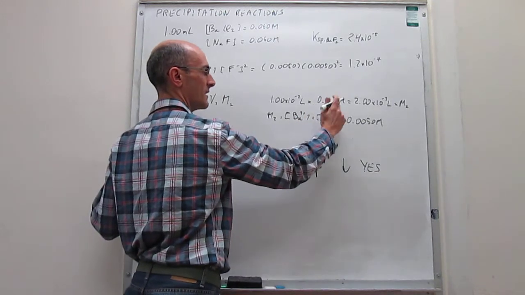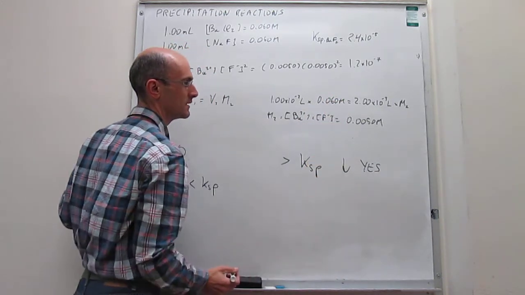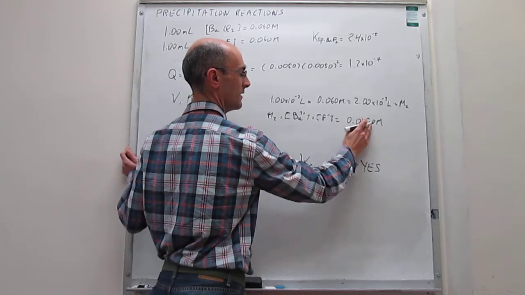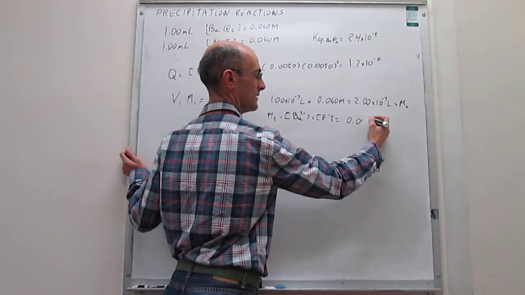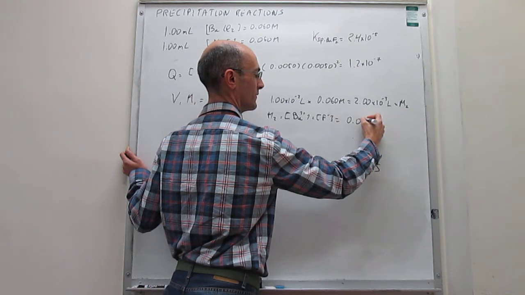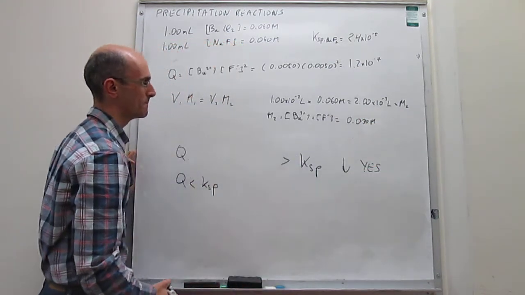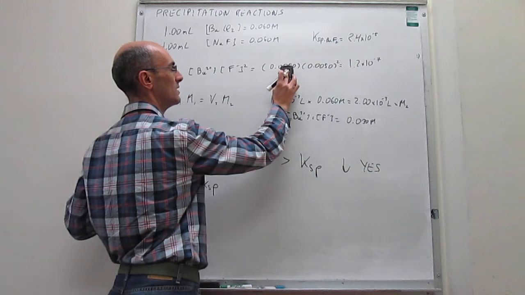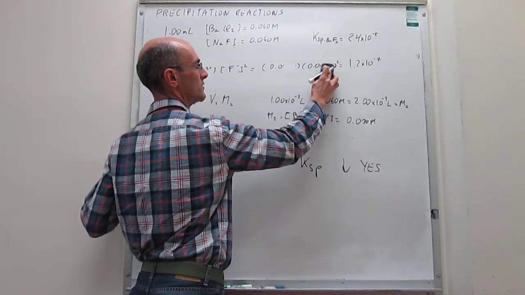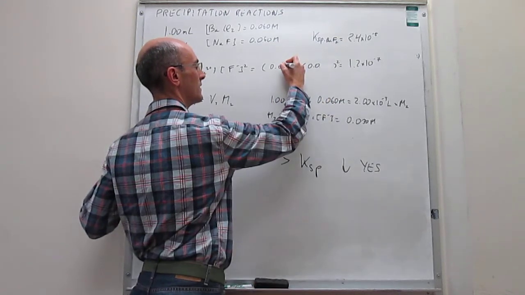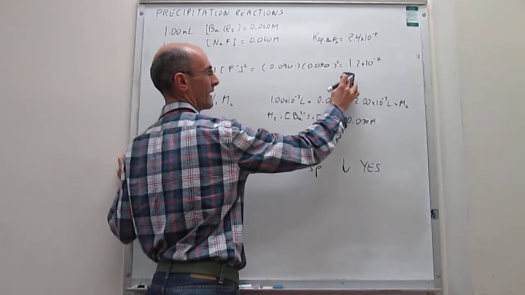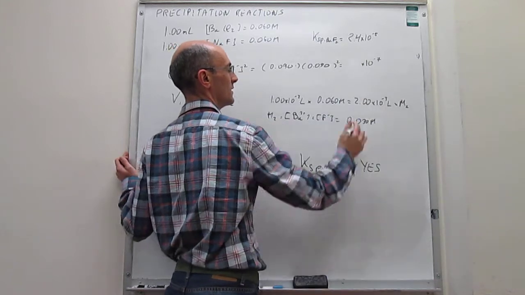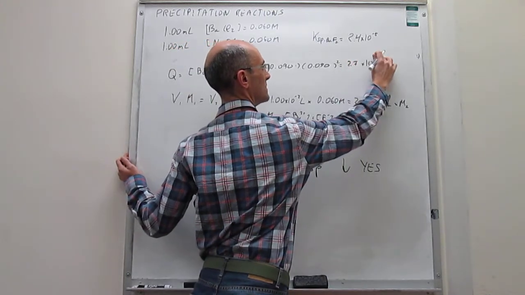The only difference is that now that will be 0.06, and that means that here you will have half of that. So this is going to be equal to 0.030 molar. You come to this expression right here, and those concentrations will be 0.030, 0.030, and when you carry out that calculation, this happens to be 2.7 × 10^-5.